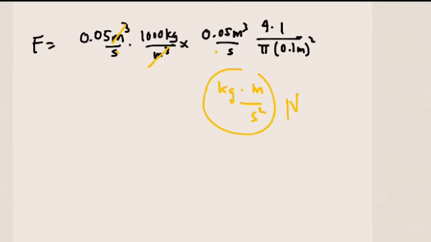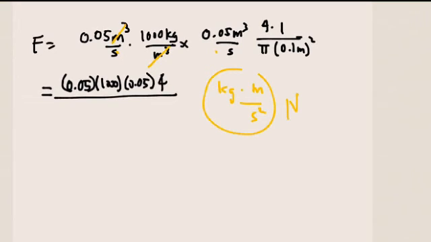So let's just do the math here then. So we've got 0.05 times 1,000 times 0.05 times 4 over pi times 0.1 times 0.1. So let's see, I'm going to move some decimal places around here.